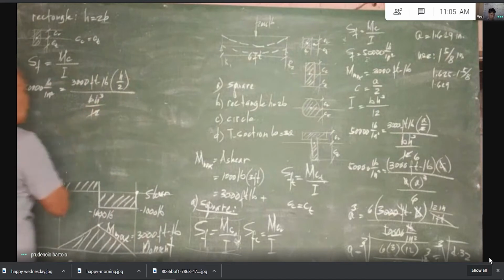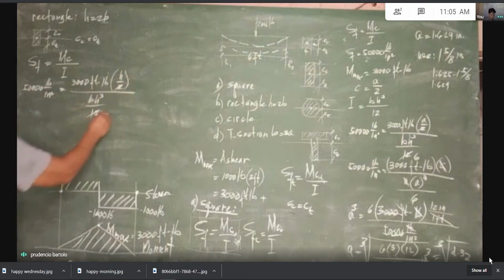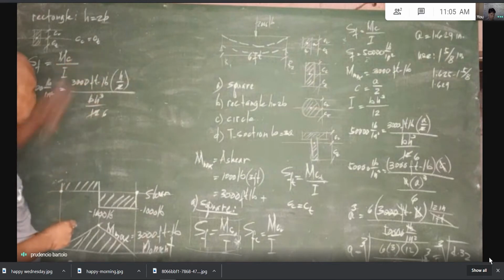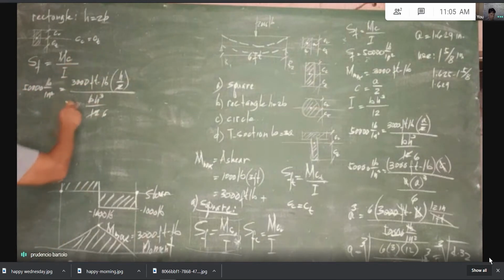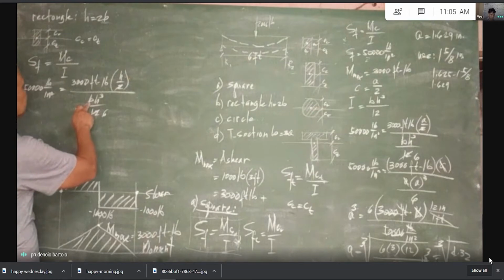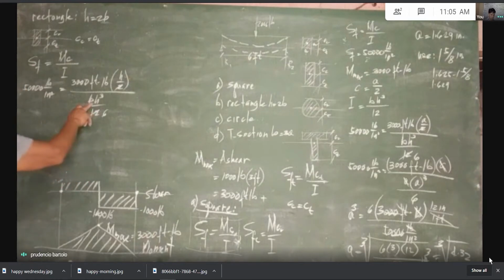So this is cancelled out to make it 6, which will then go up. Then there is a relationship in here. In terms of the B, we take it in terms of the B.